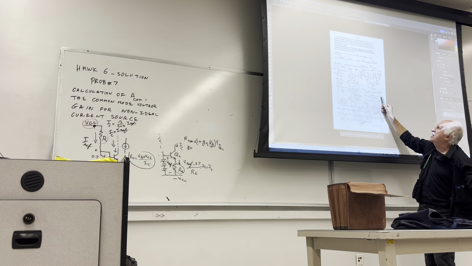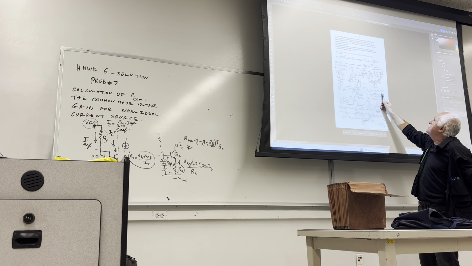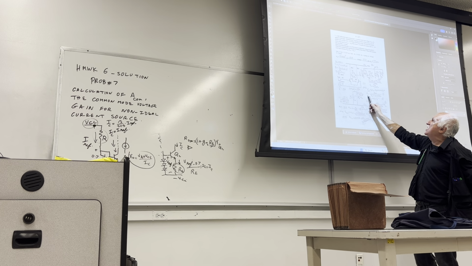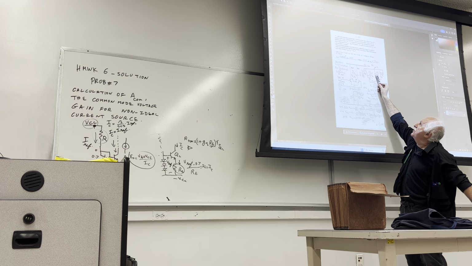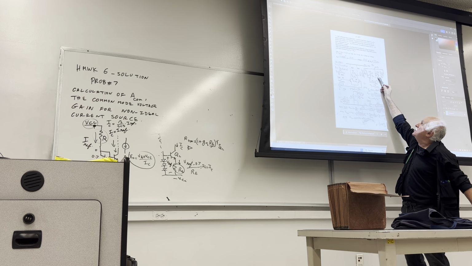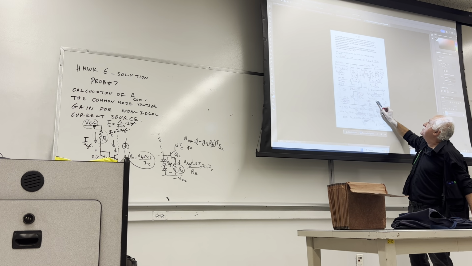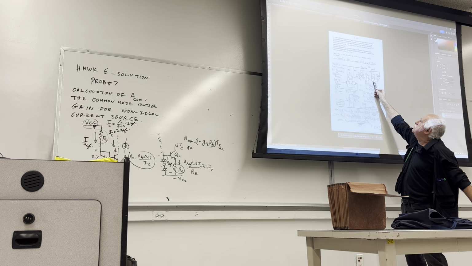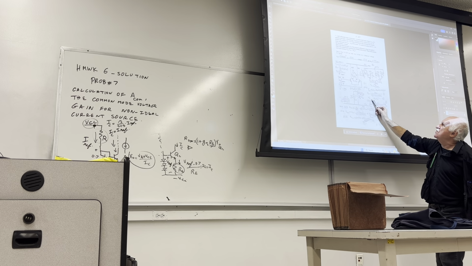And this lets you calculate IB from here. Once you figure out the IB in terms of the VCOM, you multiply it by beta, and then you multiply by this RC. That will be your final output voltage.